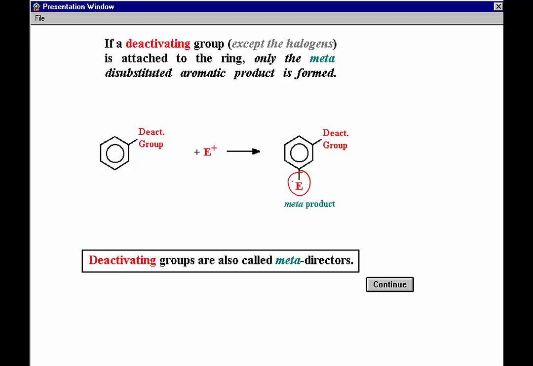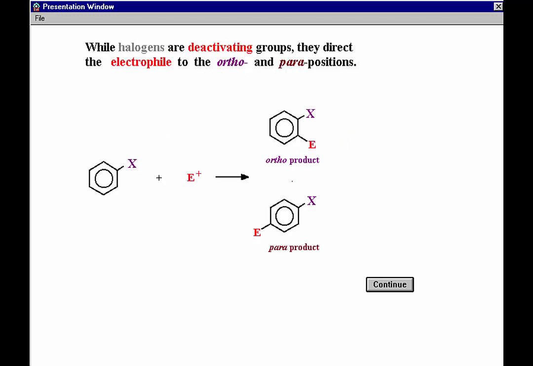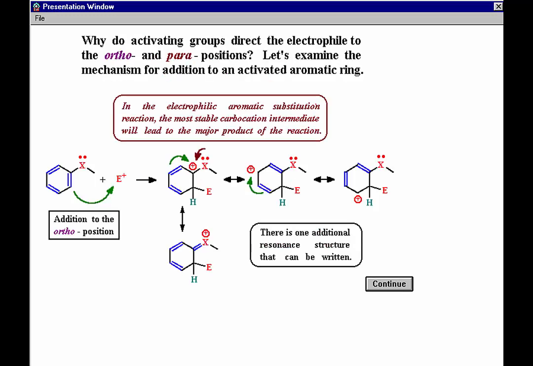Okay, now the group already on the ring is directing. That'll become important today. And then halogens, while they're deactivating, they direct to the ortho and para positions. And the reason why, because remember they had a lone pair. And so these were just simply the notes that I went through step by step.